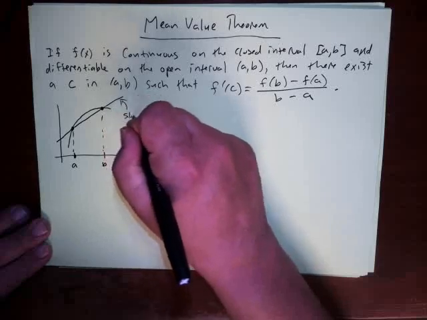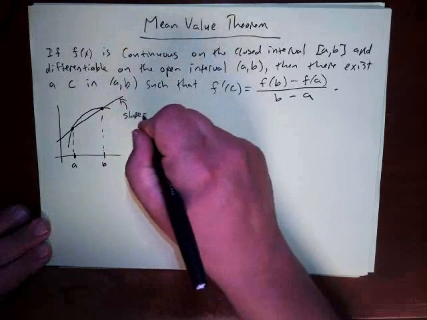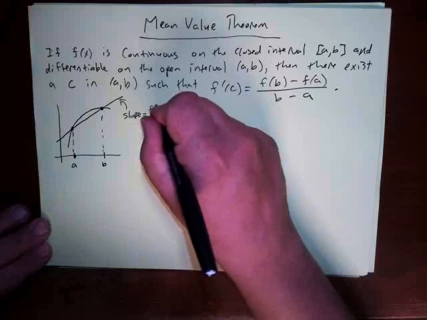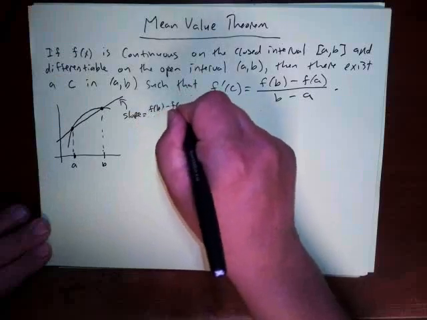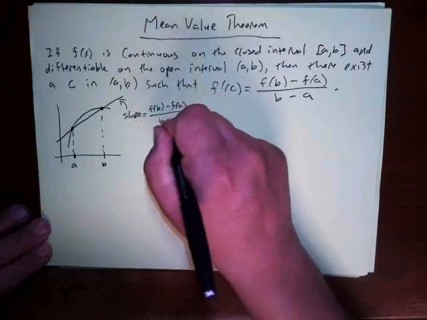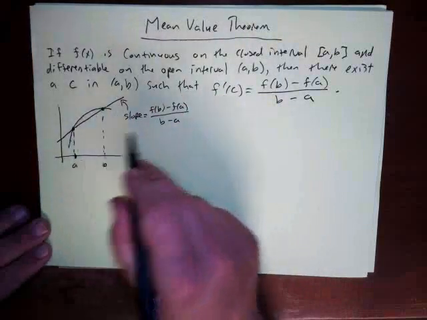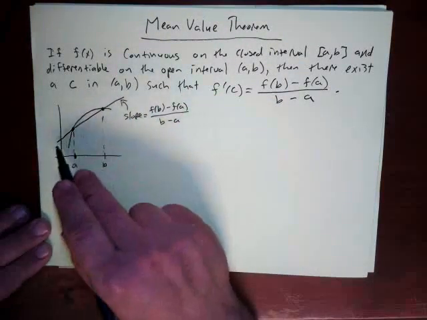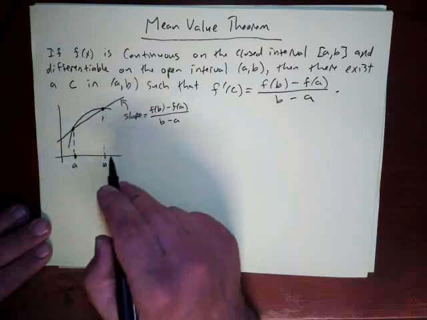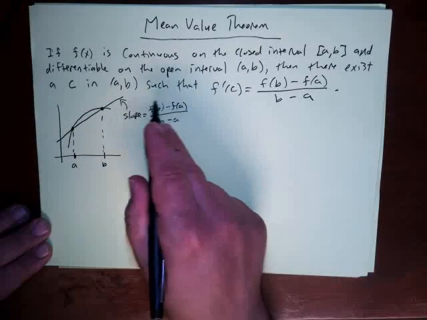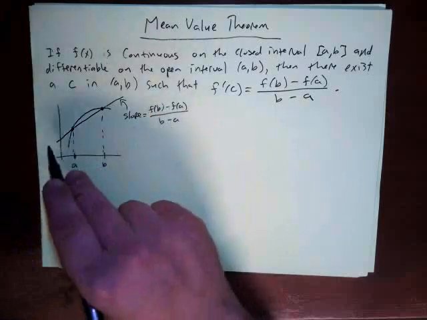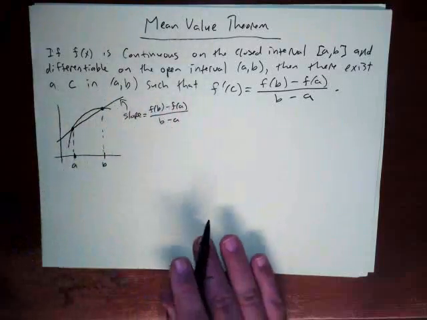So the slope of this line is equal to f of b minus f of a over b minus a. It's just the change in the y values over the change in the x values. That's the average rate of change of the function through those 2 points, the difference quotient, or you can think of it as the slope of the secant line.